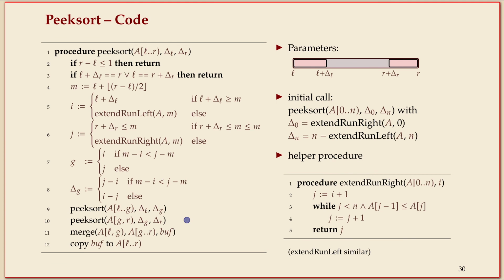I think no much more comments on the code. So the only nasty bit is if you have these 2 points, you have a run you already know about in the left end and on the right end, both of which could be not there because you haven't seen anything there. That gives you a bunch of different cases. And so these 2 if-else statements here, they handle all those cases. That's the only complication.